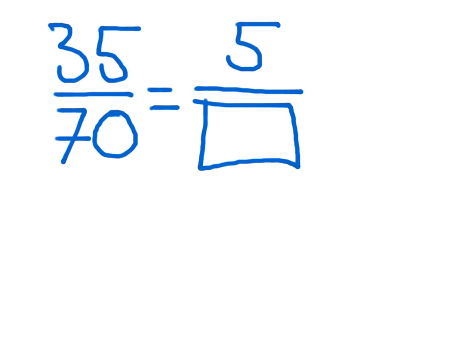So I can divide 35 by 7, because that would give us 5. So if I do that to the top, I need to do the same to the bottom. So 70 divided by 7 gives us 10. So our equivalent fraction is 5/10.